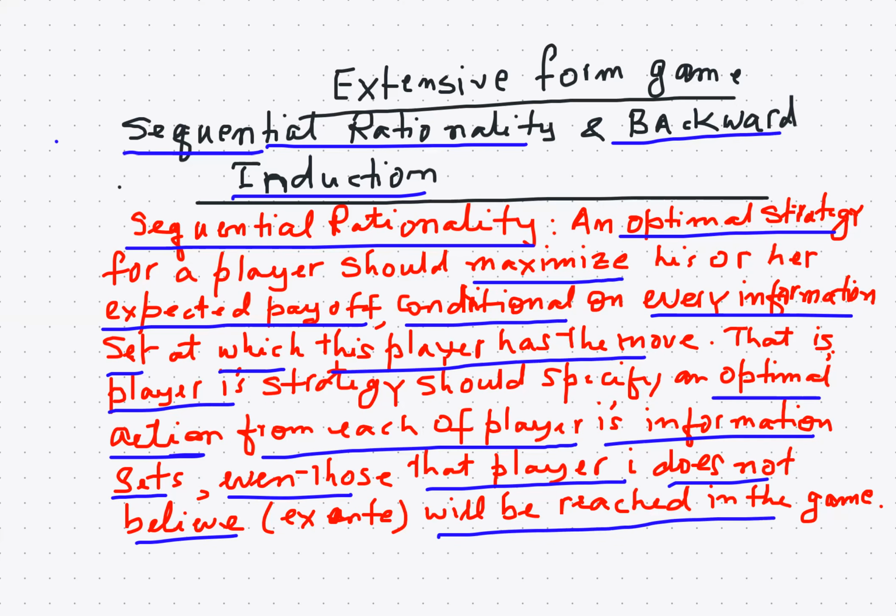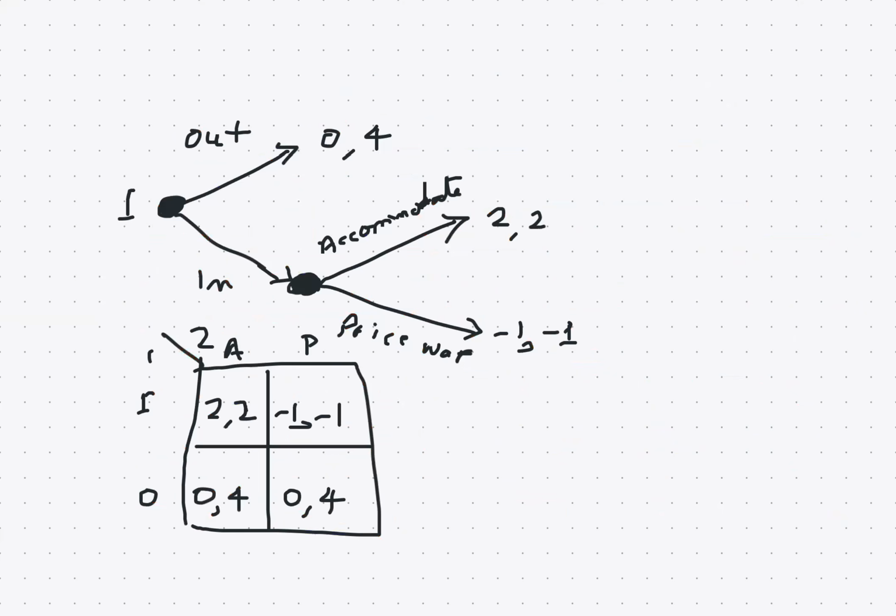So let's look at an extensive form game to understand the concept of sequential rationality. Here we have a game where we have two firms competing.